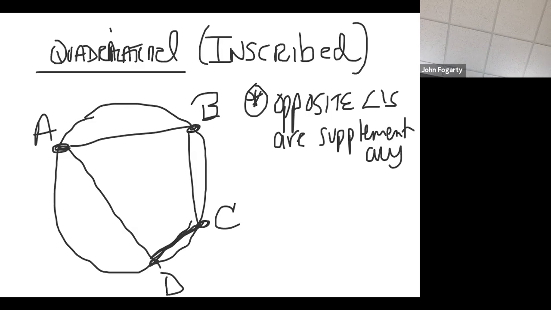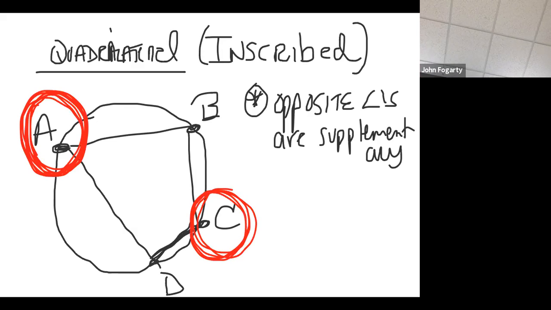So if I'm looking at this picture, if I look at angle A, fellas, what angle is opposite angle A? Angle C. If I look at angle B, what angle is opposite angle B?